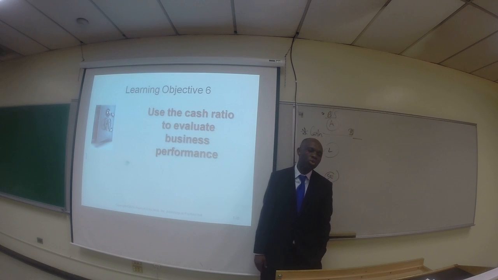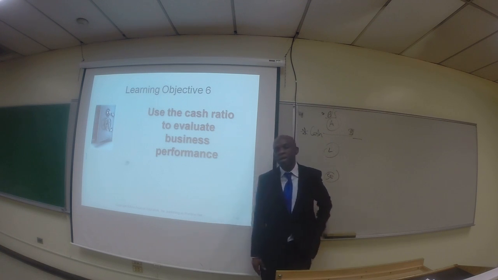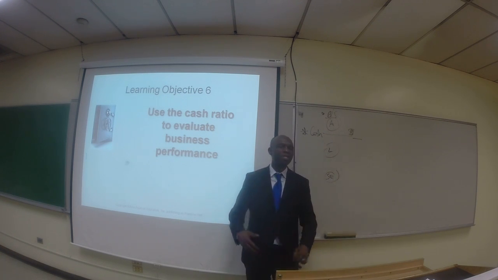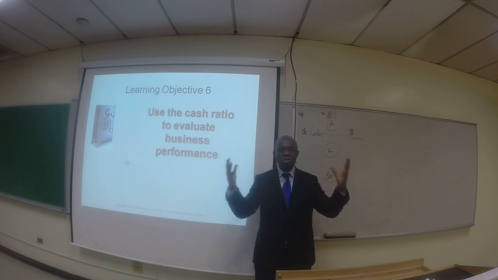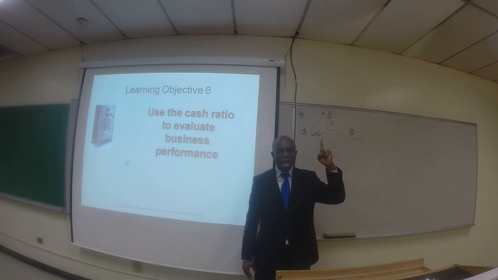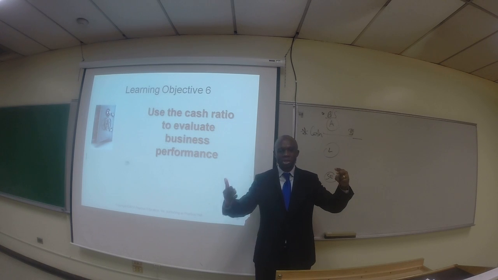Now, the last issue is, remember, at the beginning we said that in financial accounting, what we are doing for the whole semester, number one, is learning accounting rules. Number two, how to apply the rules. Number three, we also call the rules generally accepted accounting principles, or accounting standards.